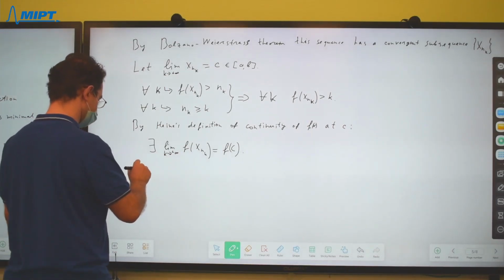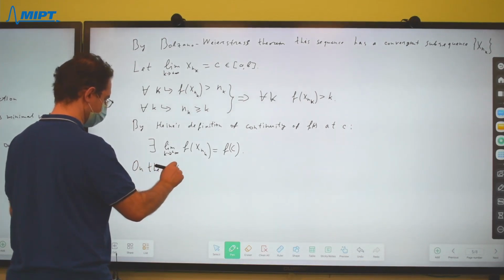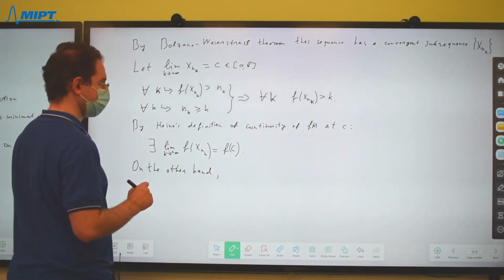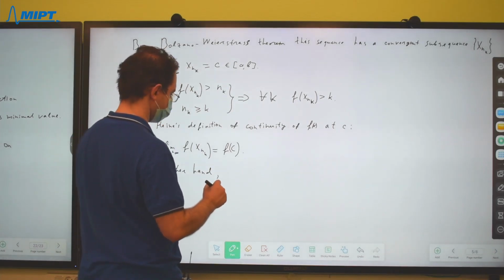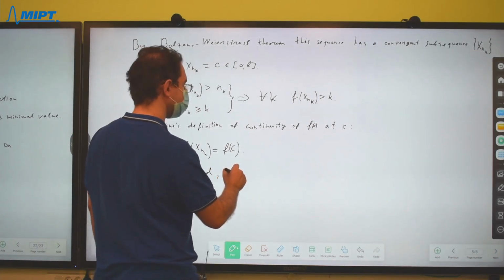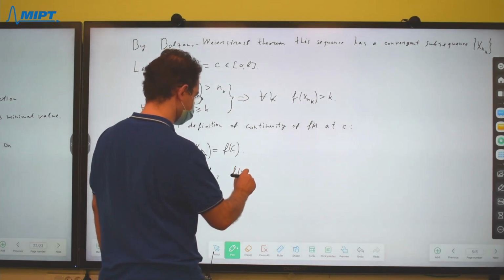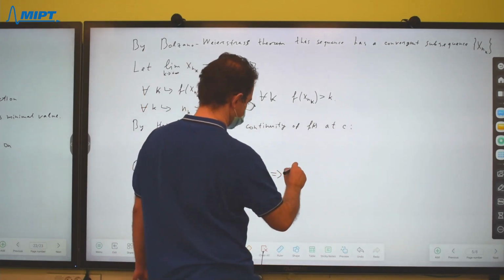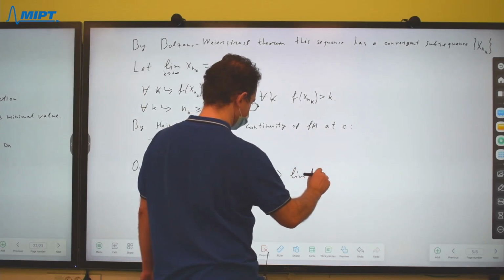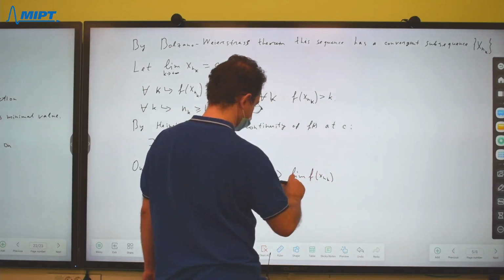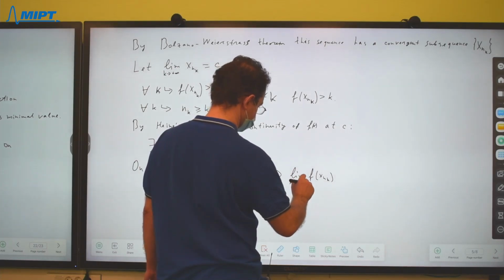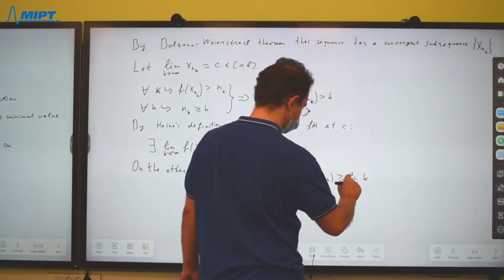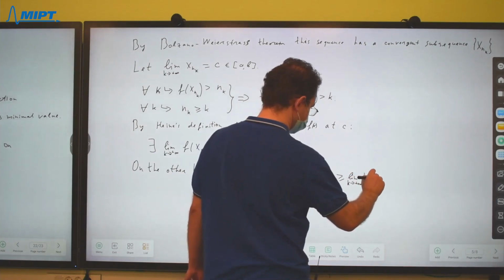On the other hand, since f of x_k is greater than k, it should follow that the limit of f of x_k as k tends to infinity should be greater or equal than the limit of just k as k tends to infinity, which is plus infinity.